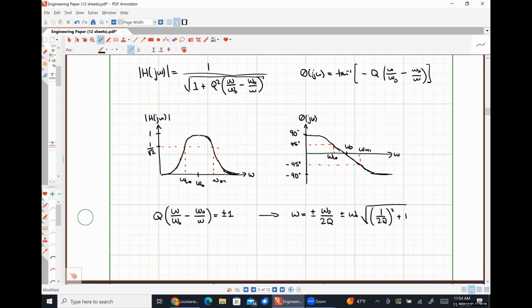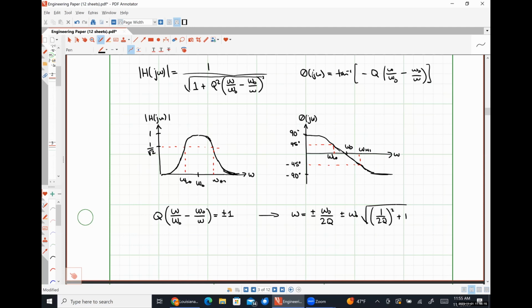I'm going to throw away solutions that wind up giving me negative values of omega, because I can see very plainly from my graph that I expect my corner frequencies to have positive values of omega. So that seems like a reasonable way to approach this, right?